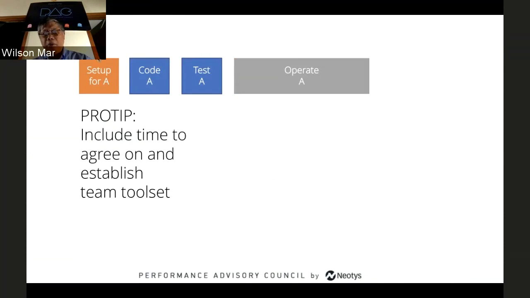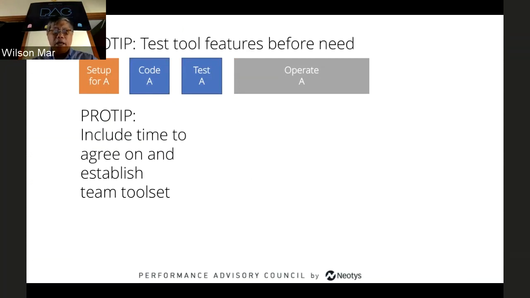I think that's an important part, because I can't begin to tell you how many teams struggle with their tool sets when they're trying to figure out how to code. So my suggestion, if I were king, is to allocate time to establish these tool sets. When they have a problem and try to fix it, they would already have figured out what these features are and tested them before they're needed. It's kind of like a team building thing, so to speak. That would be one pro tip that I have.